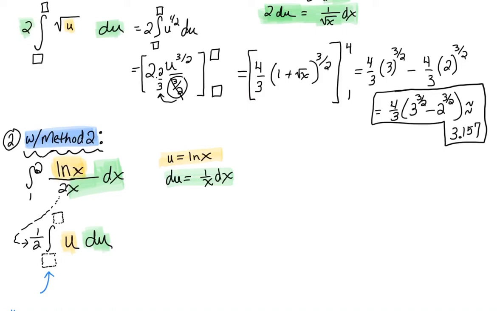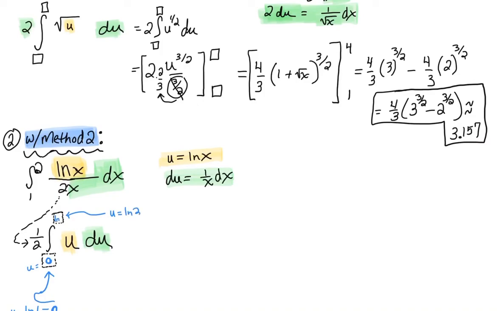I said that u was going to equal the natural log of x. The lower limit as an x limit is natural log of 1, and natural log of 1 is 0. So my lower limit, as a u limit, is 0. And again, here I can say u is equal to the natural log of 2.